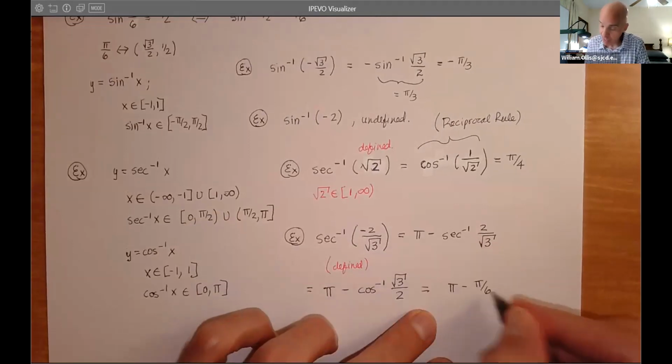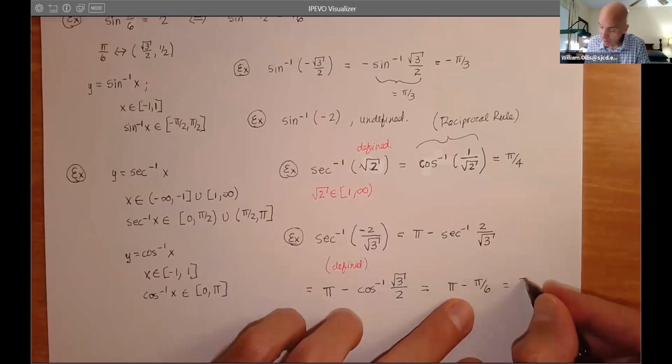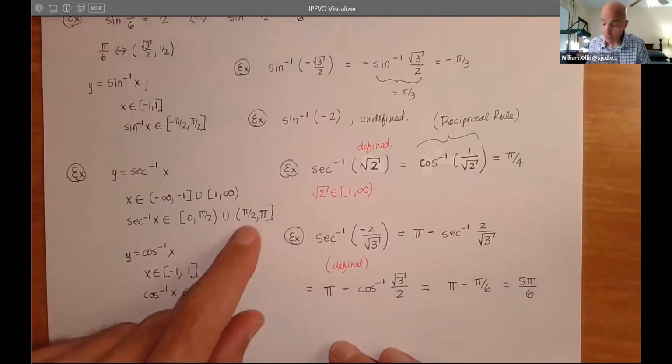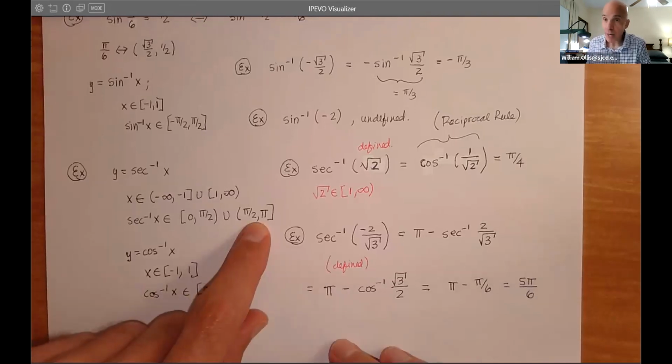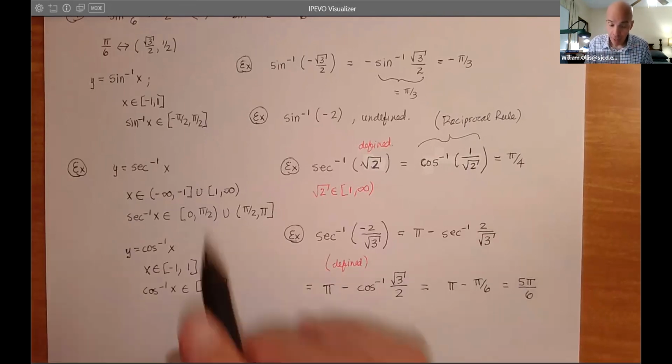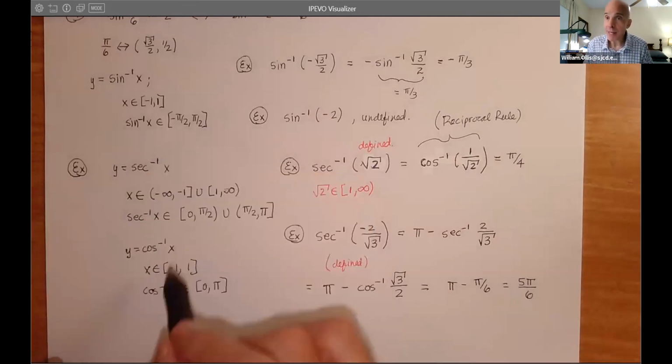So that's 6 minus 1, which will give us 5 pi over 6. Which, of course, makes perfect sense because 5 pi over 6 is in the range of the inverse secant. You see? So the beauty of the inverse trig functions is that we don't really have to learn anything new. We just have to respect their domains and ranges.